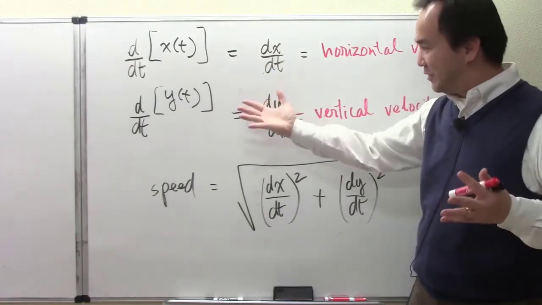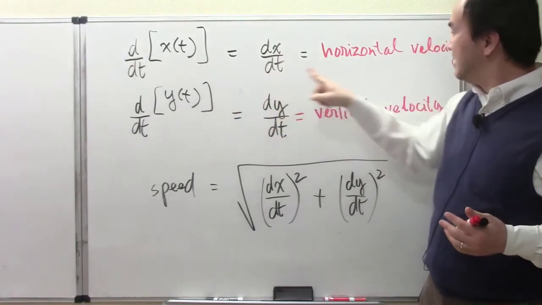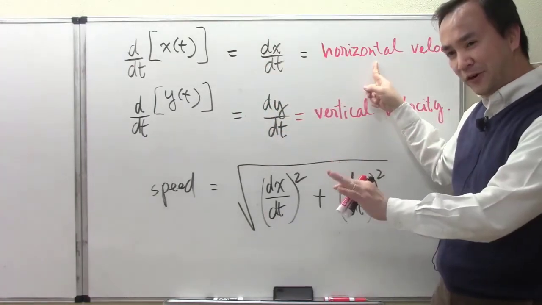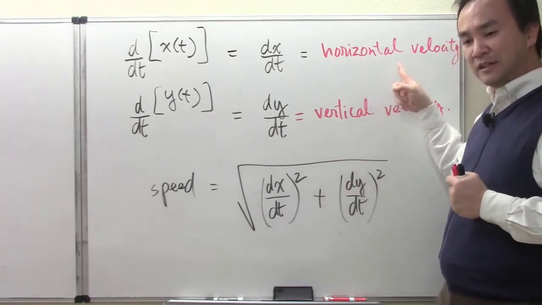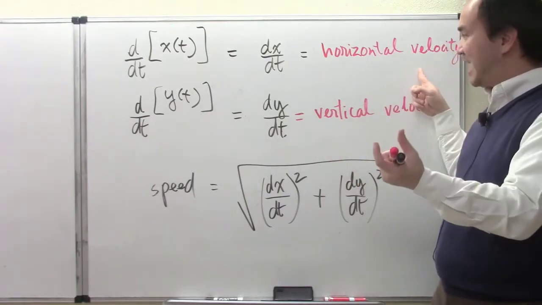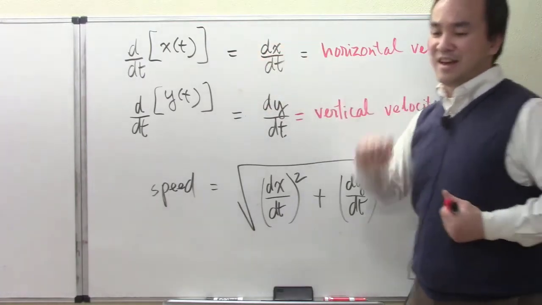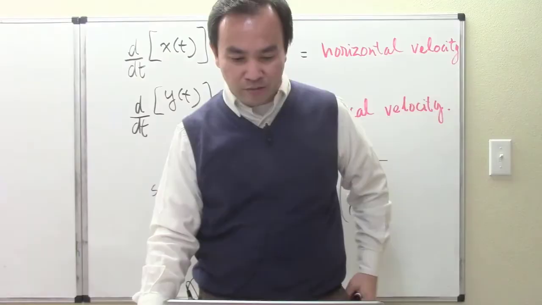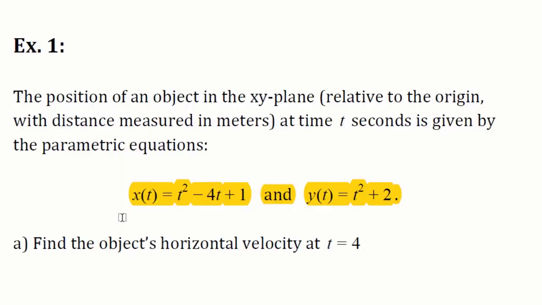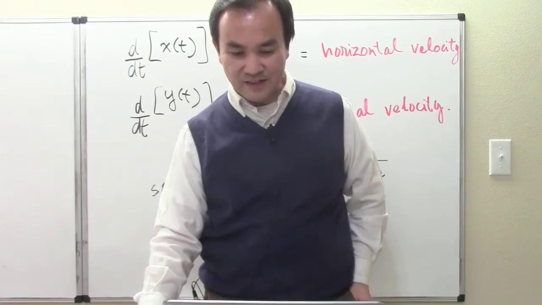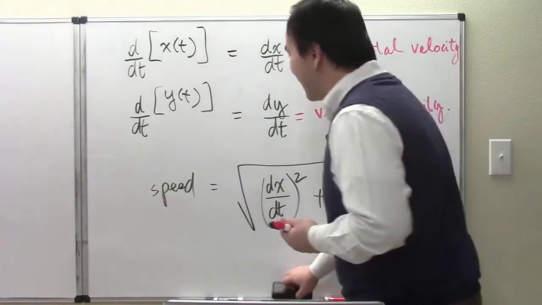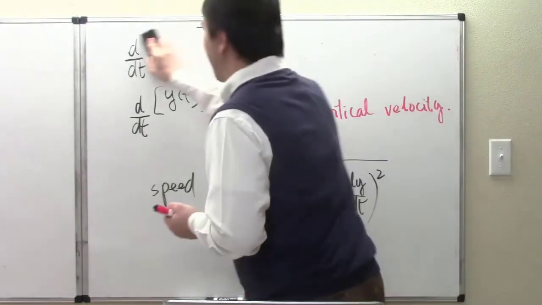When the problem asks directly in words for the horizontal velocity of the object, that means we are looking for dx/dt. Let's look at the wording once more: find the object's horizontal velocity at the given time t equals 4. So this is how we are going to answer our question in part A.